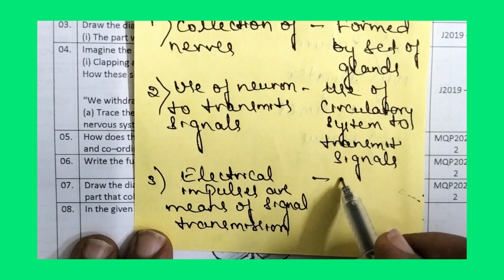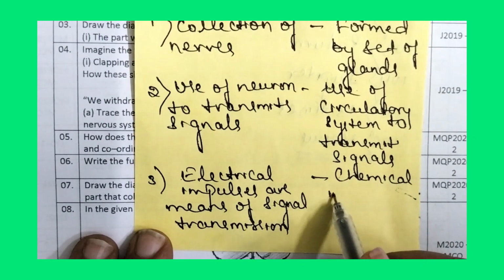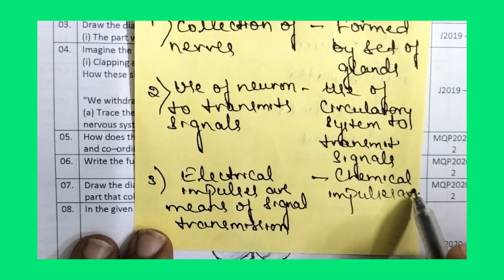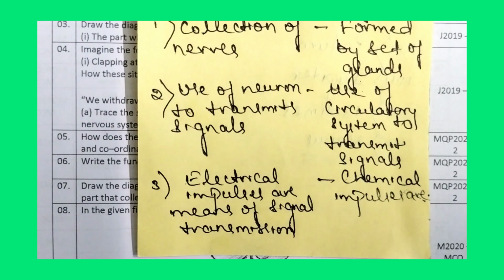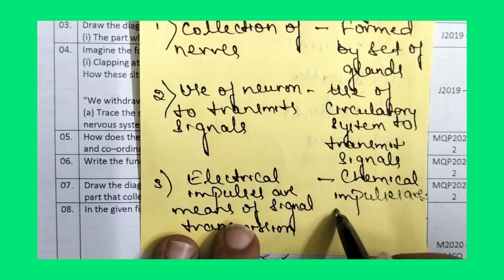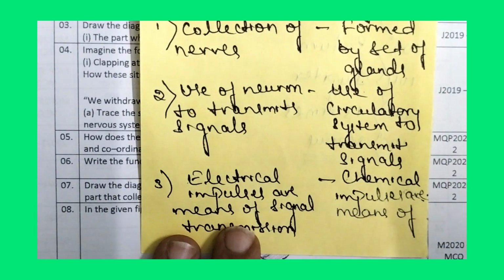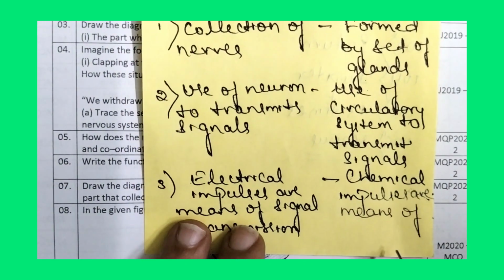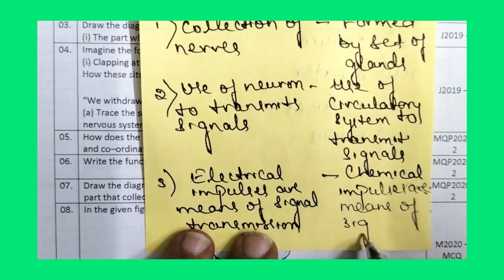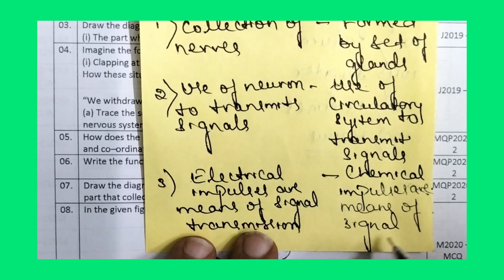This is the third difference. On this side, chemical impulses are the means of signal transmission.